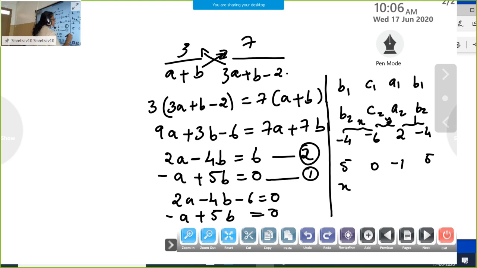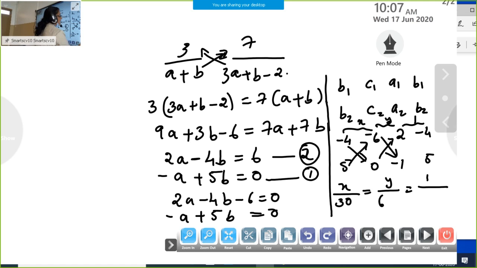Then x divided by minus 4 times 0 minus 5 times minus 6, that is plus 30. x divided by 30 is equal to y divided by minus 6 times minus 1, minus of 0 times 2, that is 6, then 1 divided by 2 times 5, 10, minus minus 1 times minus 4, minus 4.